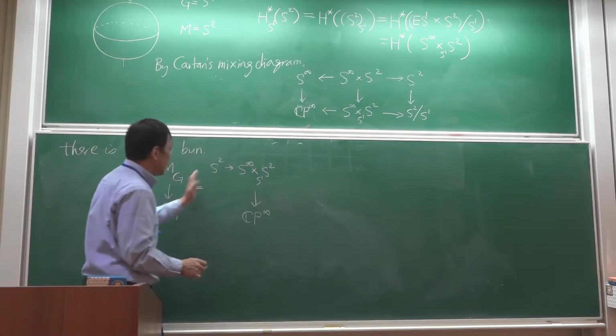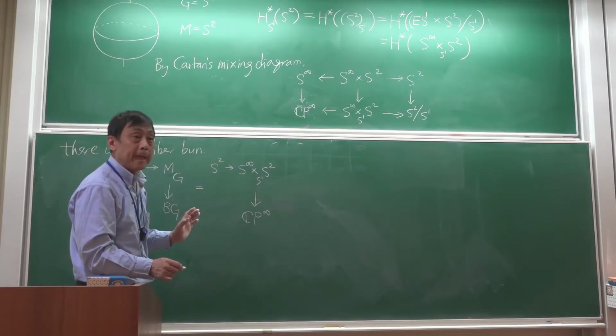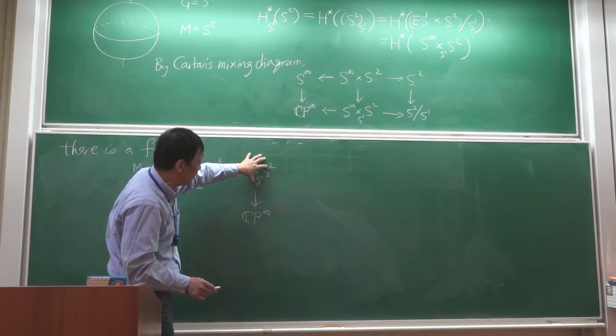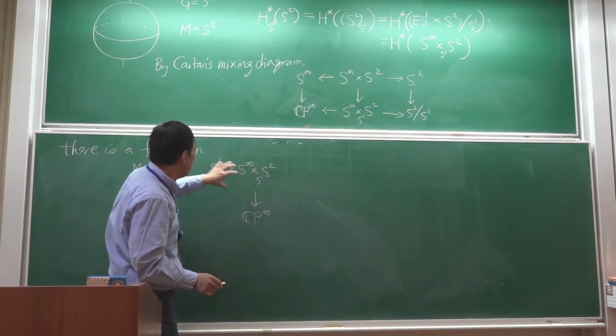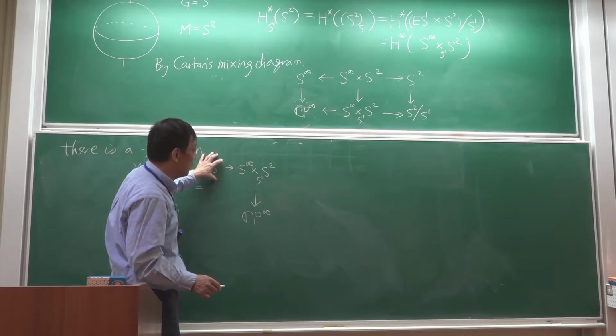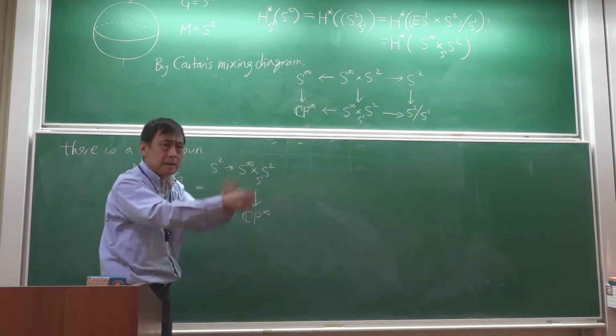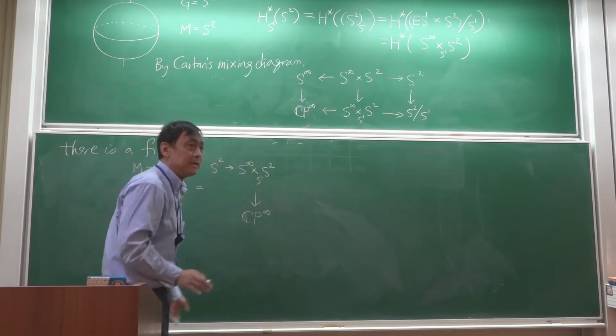Well, we have this fiber bundle, and we want the cohomology of the total space. We know the cohomology of S2, and we also know the cohomology of CP infinity, if you just generalize what we did.